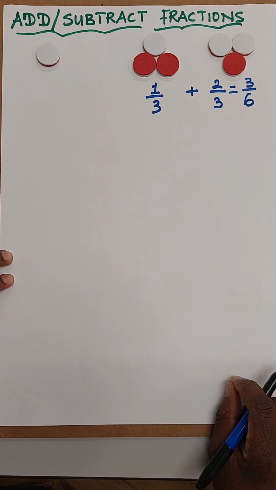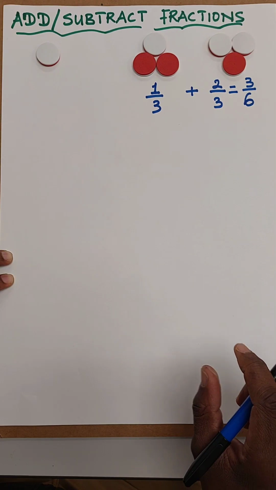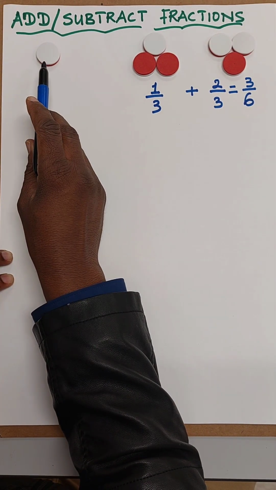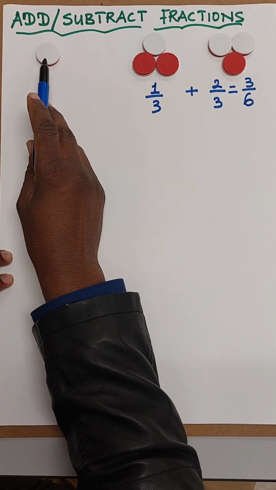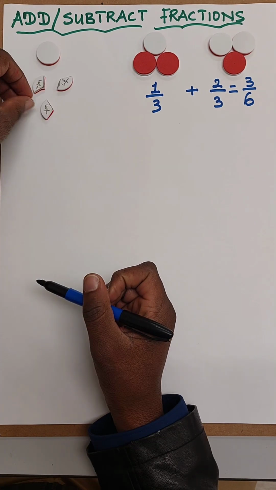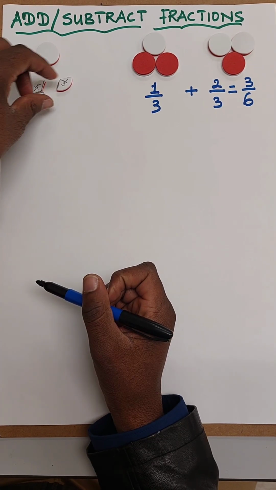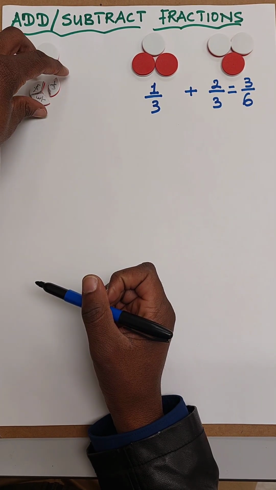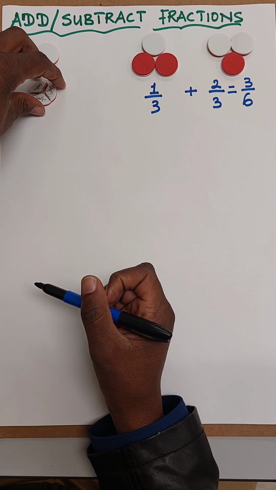Why does this misconception build up? Because the kids are seeing on this side that there is an impossibility of breaking down this one white chip into 3 parts. Those kids will continuously use that misconception until they realize otherwise.